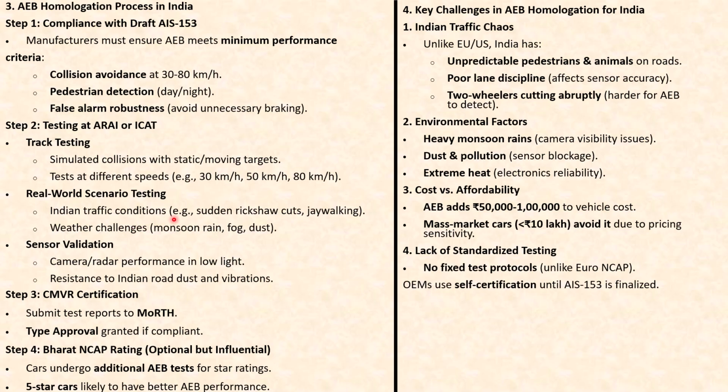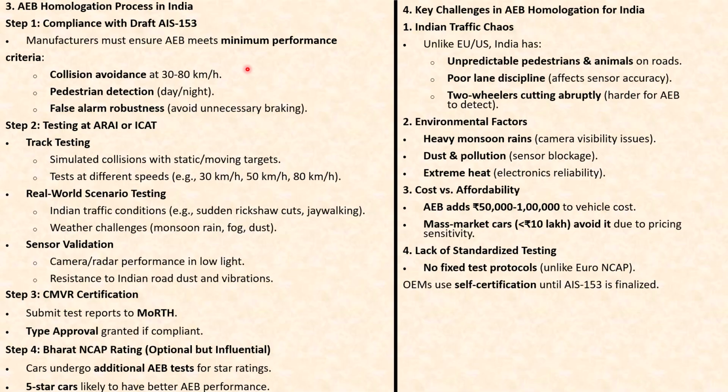When it comes to real world scenario testing, Indian traffic conditions like sudden auto rickshaw cuts or jaywalking are the real world scenarios which prevail in India. And next come the weather challenges: monsoon rain, fog and dust. Now coming to sensor validation: camera and radar performance in low light and resistance to Indian road dust and vibrations.